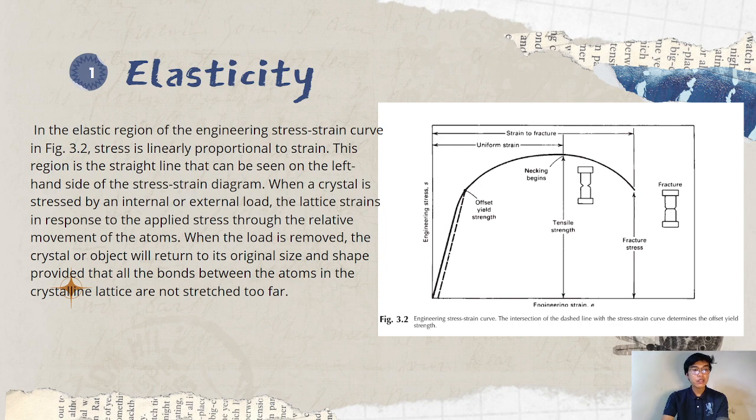When a crystal is stressed by an external load, the lattice strains in response to the applied stress through the relative movement of the atoms. When the load is removed, the crystal or object will return to its original size and shape, provided that the bonds between the atoms in the crystalline lattice are not stretched too far. You can see this in Figure 3.2 on the right.